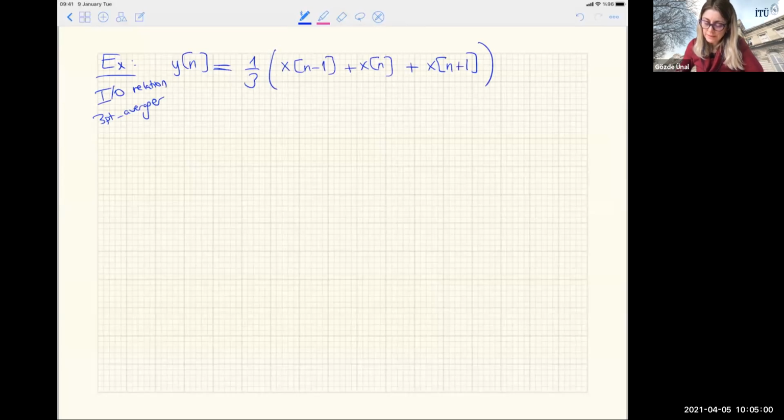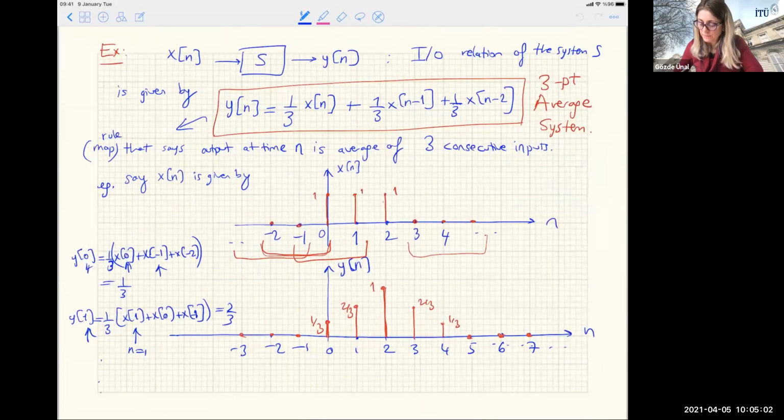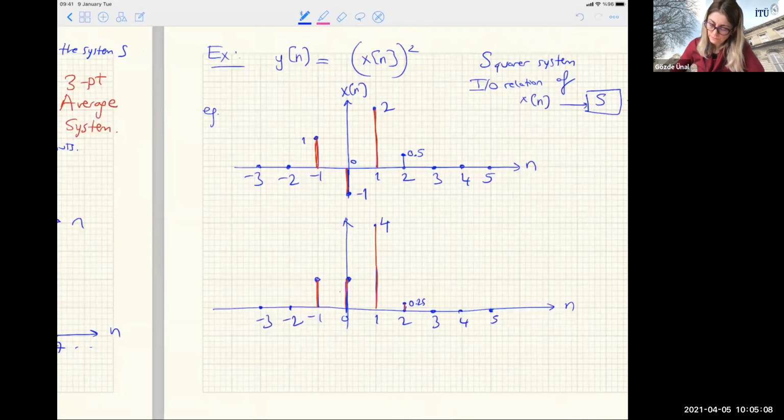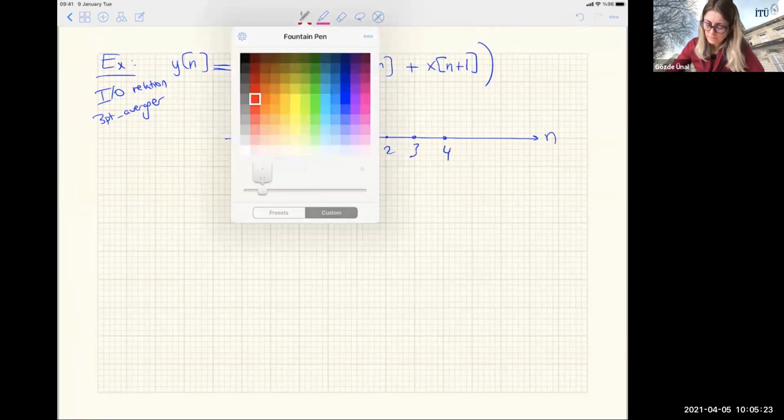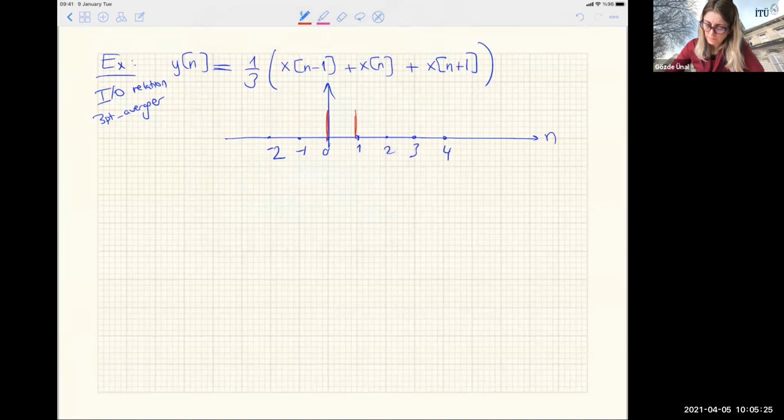So previously, let's look at this previous example. Take the same example and let's see what the output is now. Okay, and it's 0 everywhere else, remember, 1.